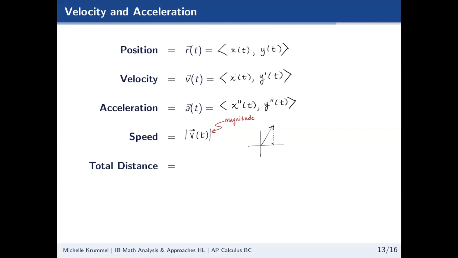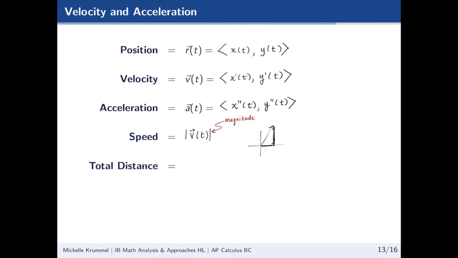And if we make a right triangle, we can think of this horizontal distance as our x component. And this is our y component. And then to get the magnitude of the vector, we just need to know the length of the hypotenuse for that triangle.